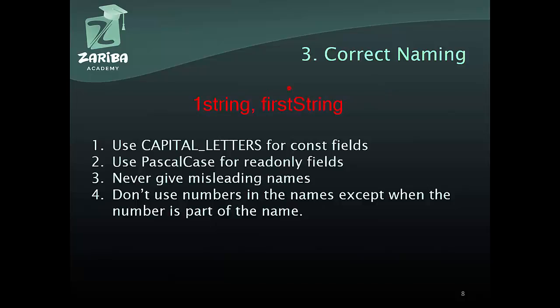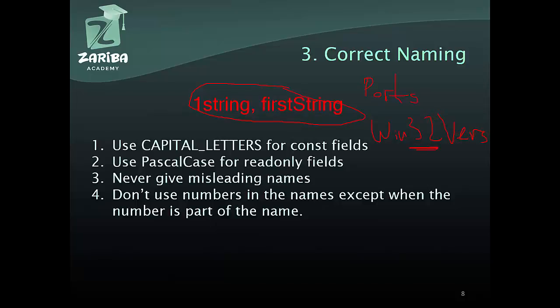So when would you think that a number should be a part of the name? I can tell you two. One of them is for ports, something like COM3. I don't know many ports, but yeah, there. Also Win32 version or something, right?